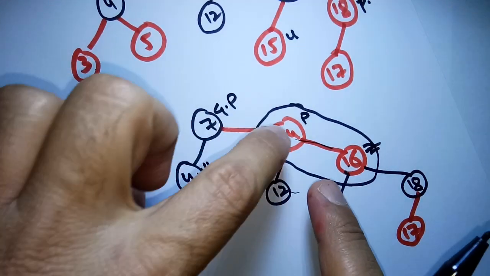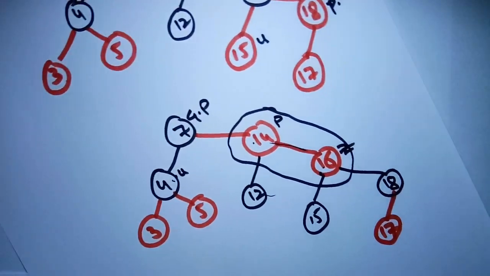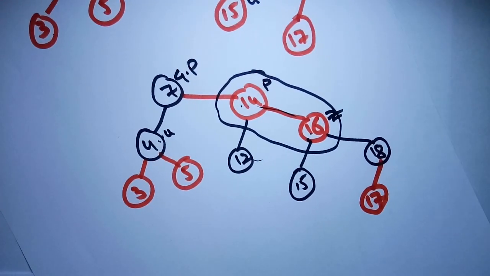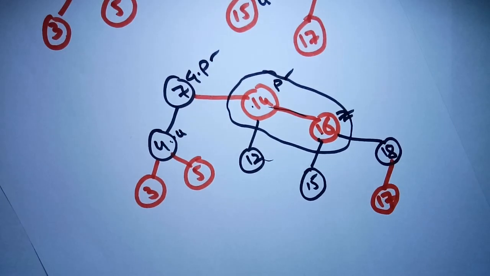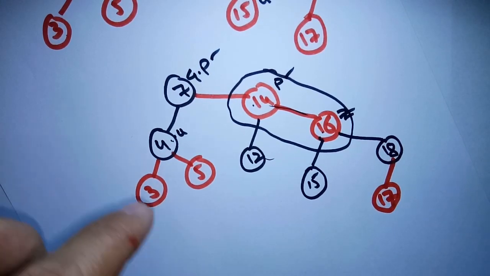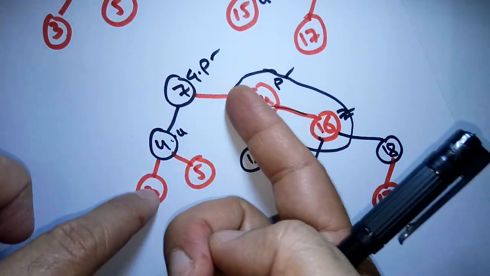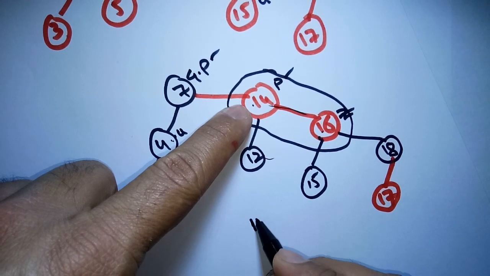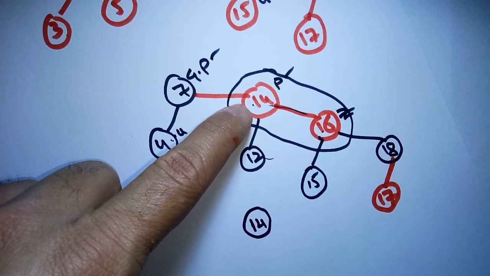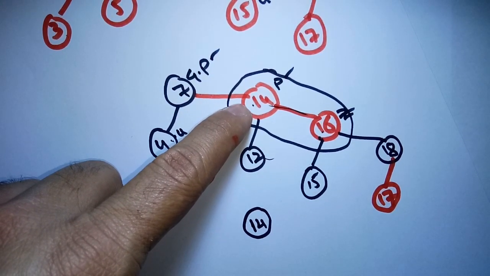So it means this will be rotated in this direction. Let's rotate this and change the color in one go. The color of the parent and grandparent will be changed, right? If we rotate the grandparent in opposite direction, 14 will become root and the color will be changed to black.